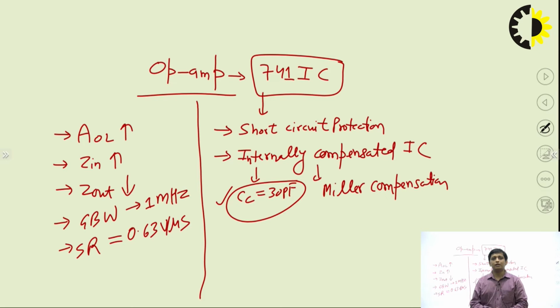But for a particular application, if a high slew rate is required, then we can use other op-amp ICs like LM318 and others available in the market, which have higher slew rate and higher gain bandwidth product in comparison with 741 IC.